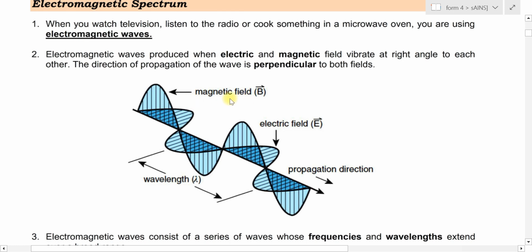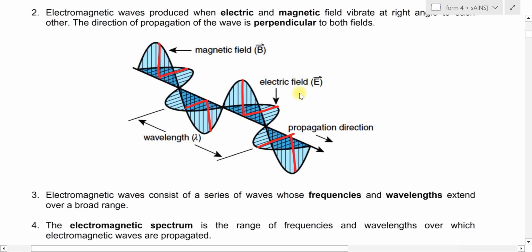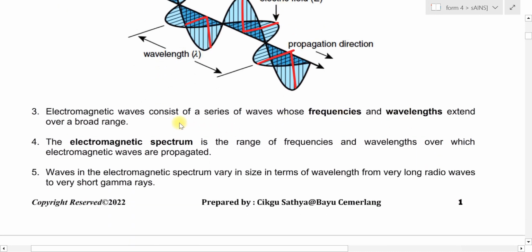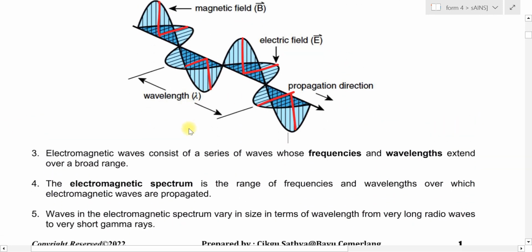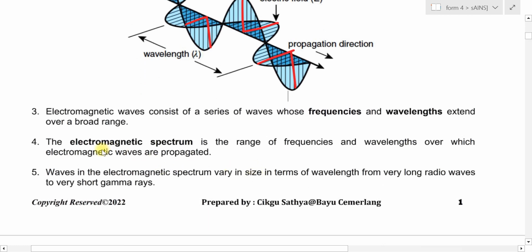Okay. Magnetic field, electric field. Okay, kita boleh nampak the 90 degree dia. Macam tu. Okay. Right. Electromagnetic wave consists of series of waves whose frequency and wavelength extend over the broad range. Dia punya wavelength dengan frekuensi berbeza lah for a certain extent.